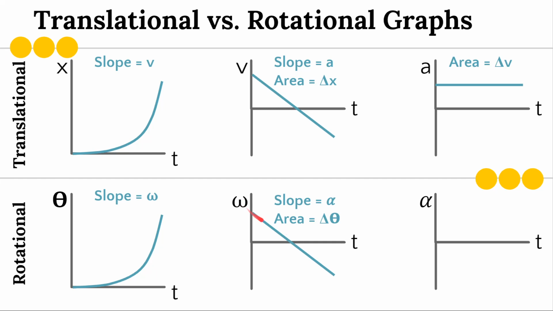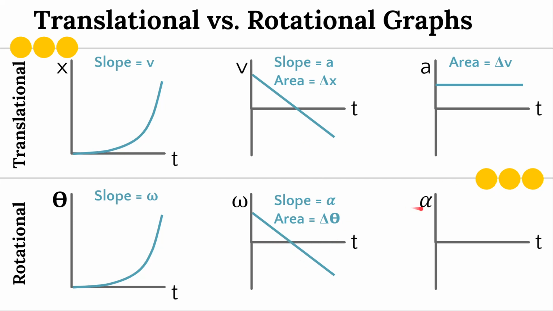The slope of this is still going to give me my acceleration, except this time it's alpha because it's my angular acceleration. The area under this curve, or line in this case, is going to give me the change in my position, except this time it's my angular position, so it's delta theta. But it's the same rules we saw up here.